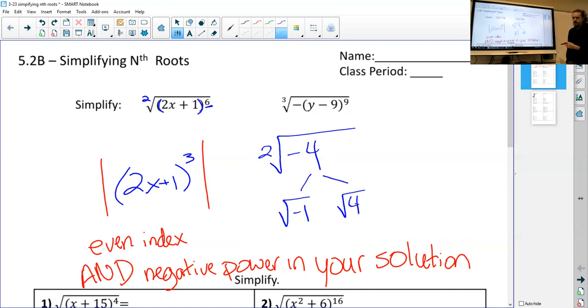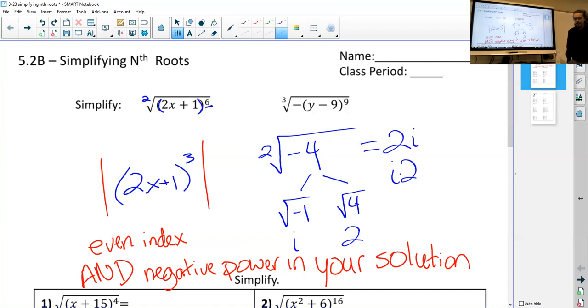And then we can take the square root of -1. It's just not a number, it's just i. And the square root of 4 is 2. So the square root of -4 we say is 2i, or you might see it as i times 2.